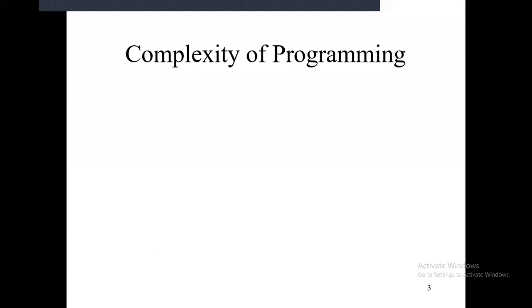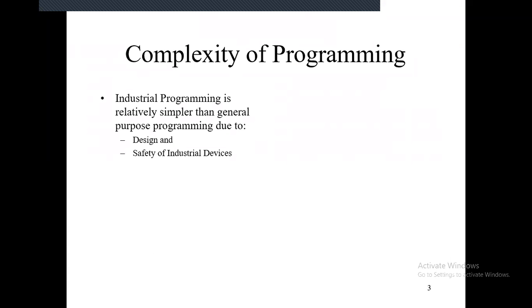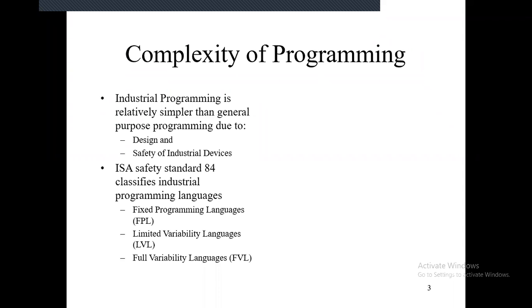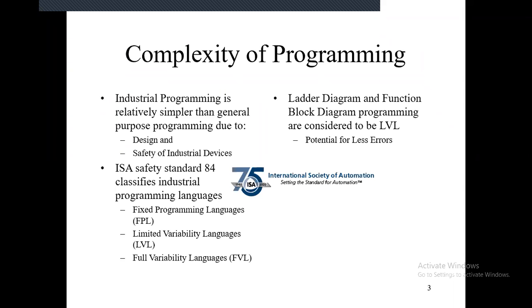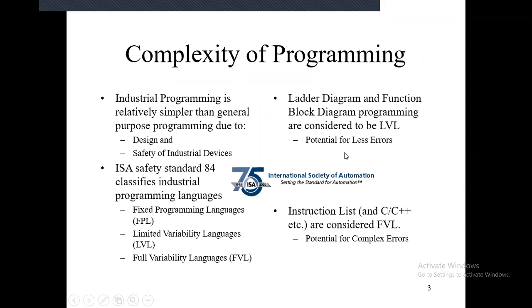Okay, and then we discussed the complexity of programming. The main thing is industrial programming requires simplicity because it needs robust logic. So the design and safety requirements mean that the complexity should be reduced. And we saw that ladder programming is a limited variability language, so the benefit is the potential for error will be less.